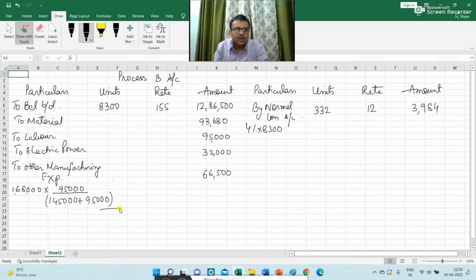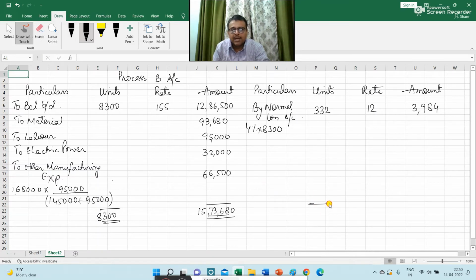So the sum of the cost which is incurred for process B is 15,73,680. This is the total cost incurred, and 12,86,500 is the cost incurred in process A, and this is the value addition in process B.